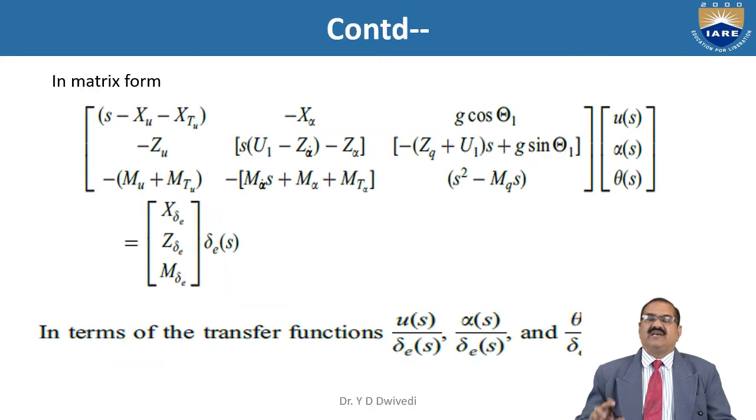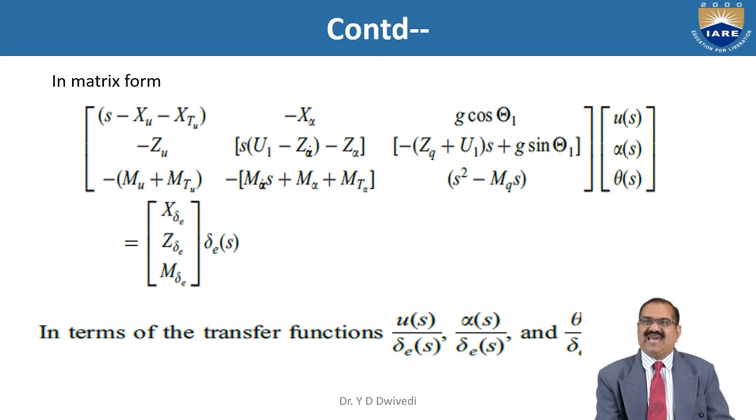This we can see here that in the matrix form we can write s minus Xu minus X_Tu, and the second column is this and the third column is this. Here we have u s, alpha s and theta s.